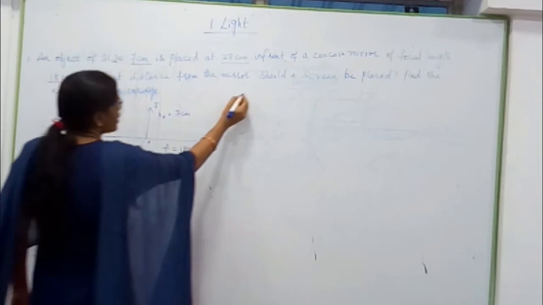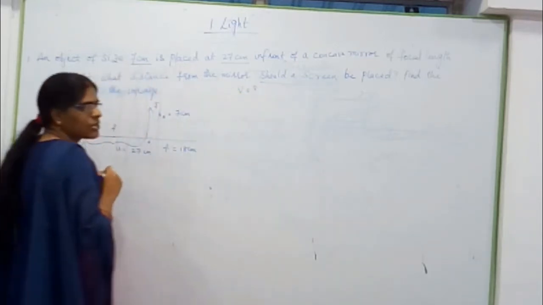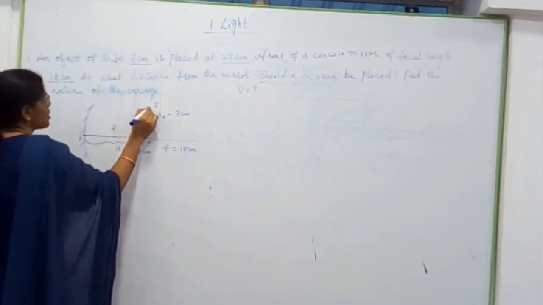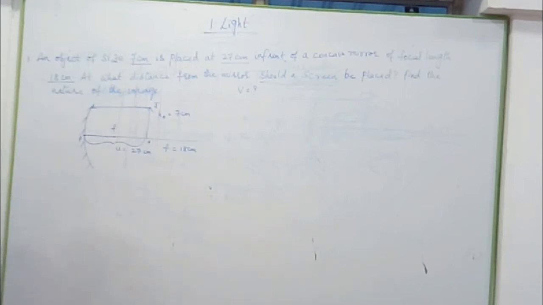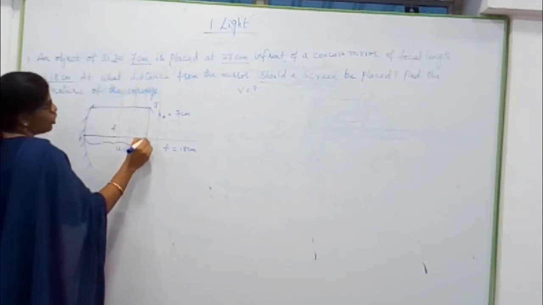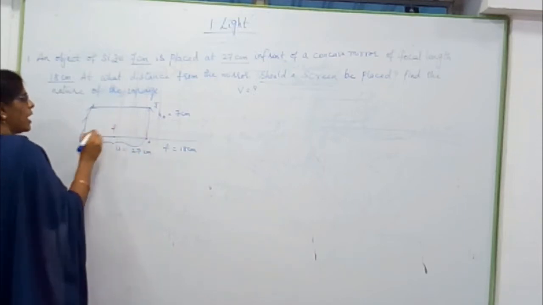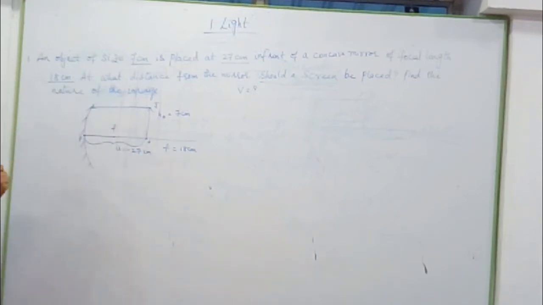Screen means we need to find the image distance. First you apply the rules. In the direction of the incident ray, all the distances must be taken as positive. Pole to the object is object distance. I am measuring it in the opposite direction, hence the object distance is negative.